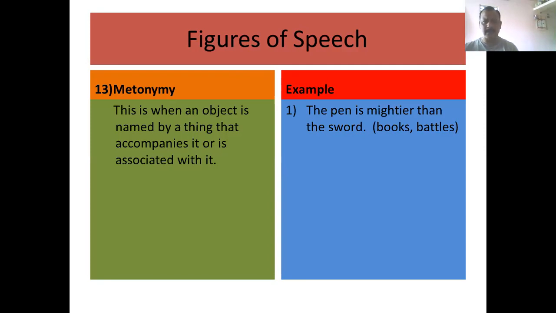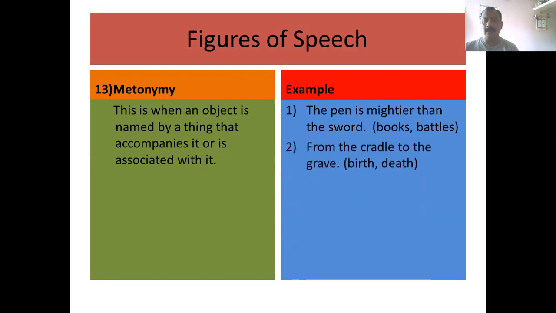So instead of saying books are mightier than battles, the poet is using pen is mightier than the sword. Pen is accompanying the books and the sword is accompanying the battle. Actually, books and battles should be used there, but instead pen and sword are used. At that time, it is called metonymy.